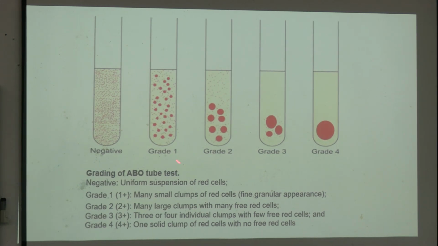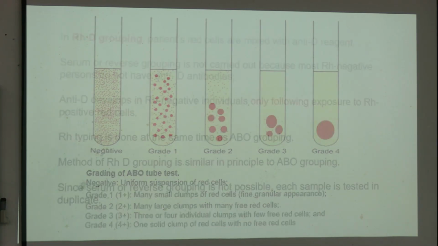In grade 2, larger clumps than grade 1. In grade 3, 3 or 4 individual clumps, and in grade 4 we can see one solid clump of RBCs and there are no free red cells.